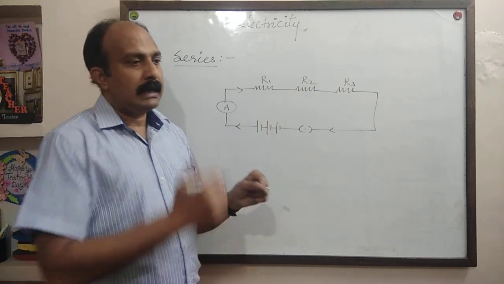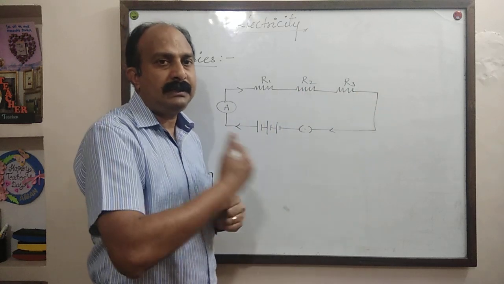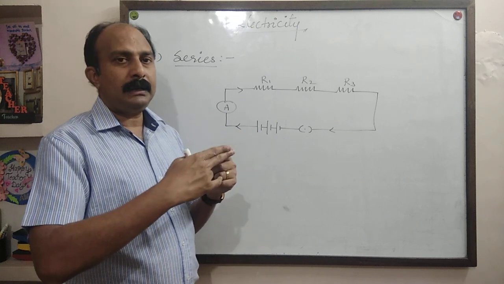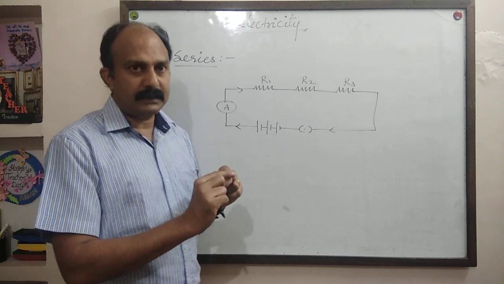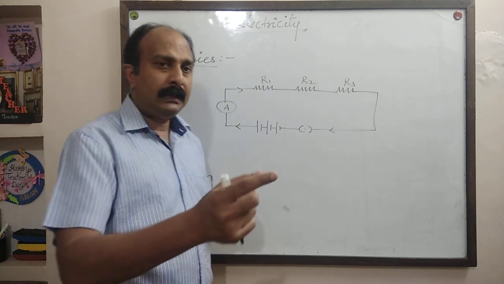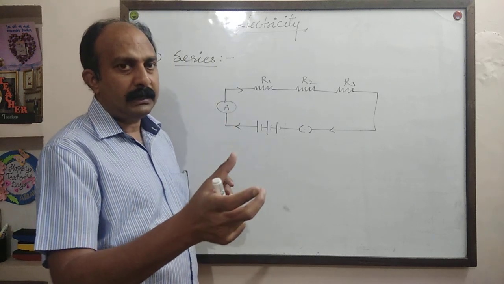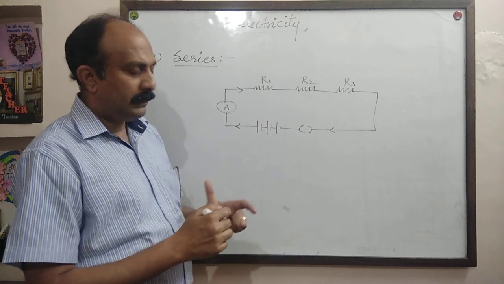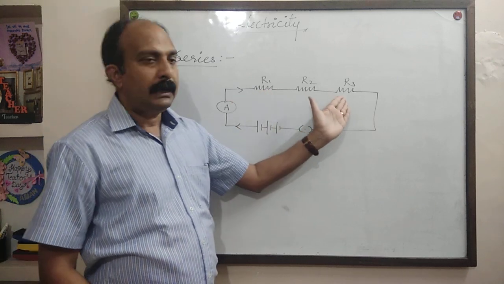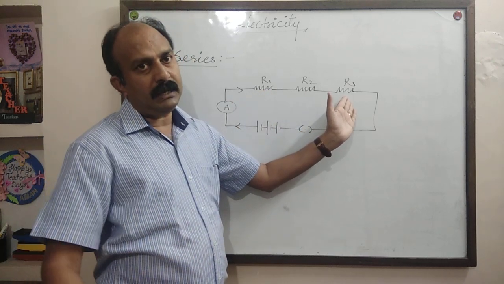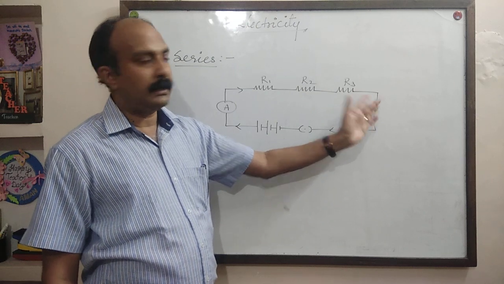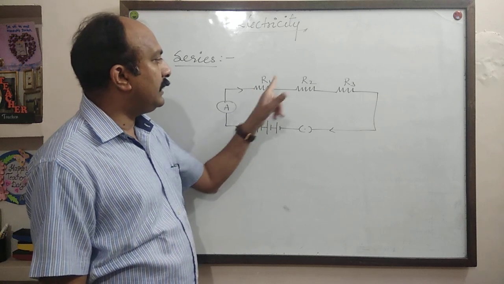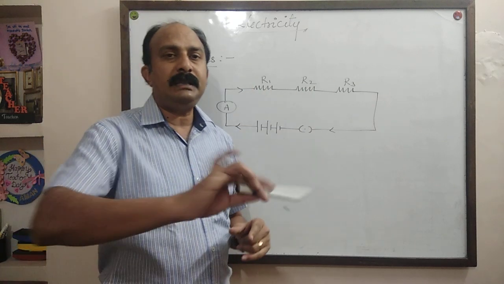They are connected one after the other on the same piece of wire. Take a wire, cut it at one place, connect the first resistance there, then make another cut and connect the second one, and then the third. In this way, if you go on connecting different resistors one after the other on a wire, it is called series combination. So here R1, R2, R3 are connected in series.